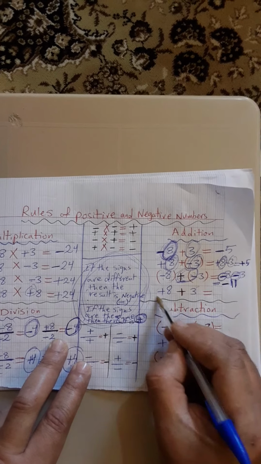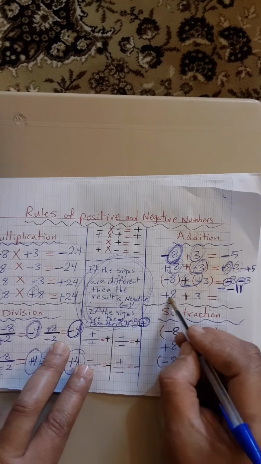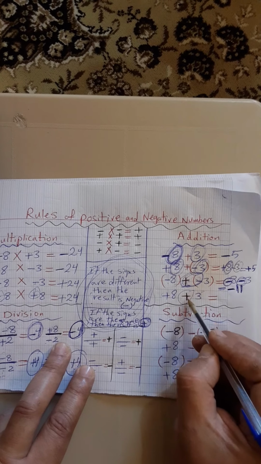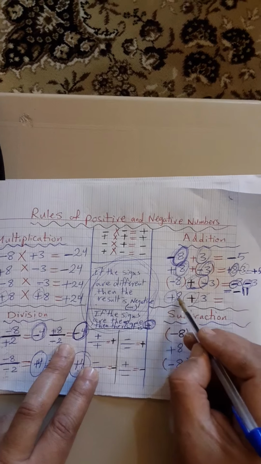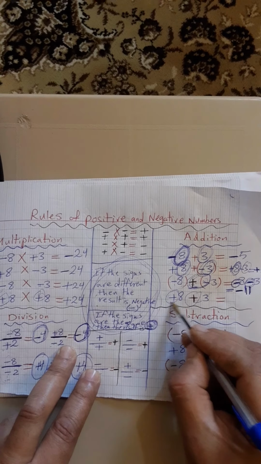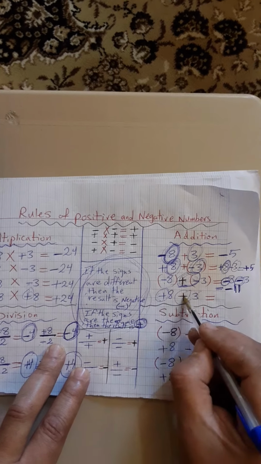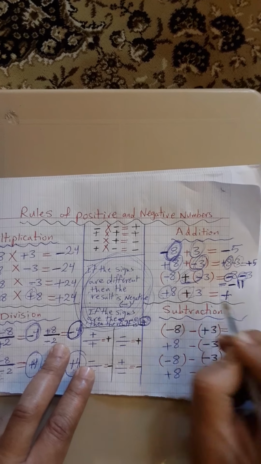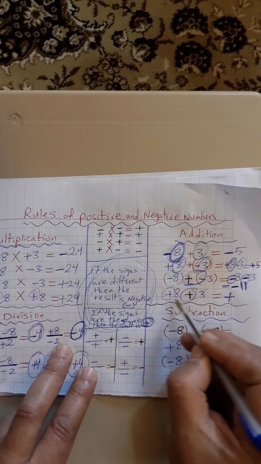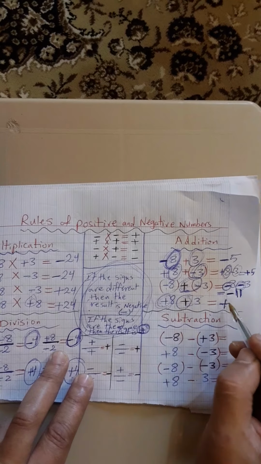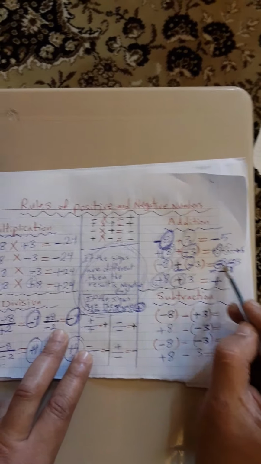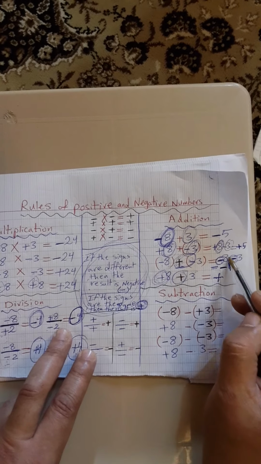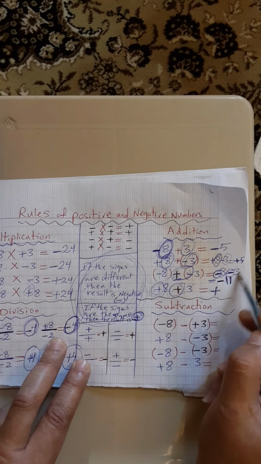Okay. Finally, in the addition operation, plus 8 plus 3, the sign of 3 is plus, the sign of 8 is plus. Then we can say there are the same signs. The result is plus. If we have the same signs in the addition operation, we can add the values without signs.